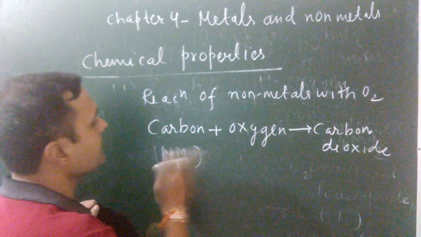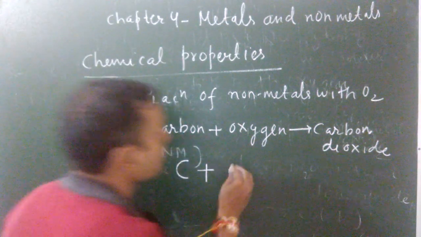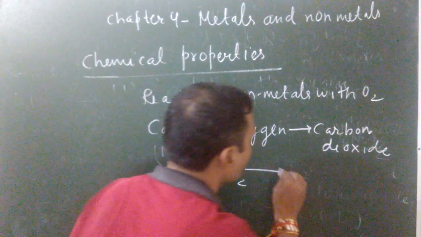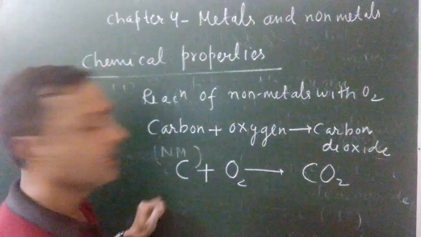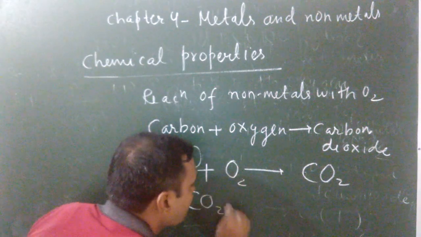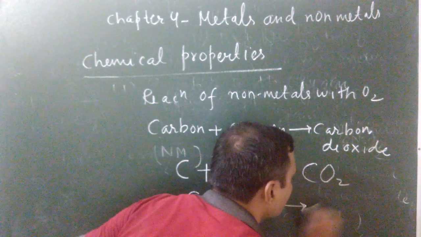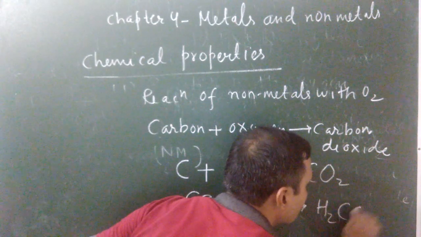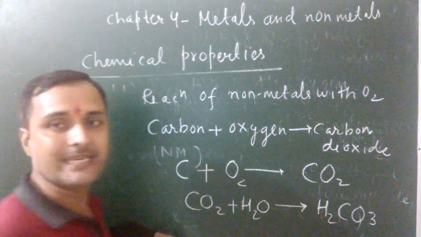Carbon is represented by C, oxygen by O2, formation of CO2, that is carbon dioxide. And when this carbon dioxide combines with water, whose formula is H2O, it forms an acid known as carbonic acid, H2CO3.